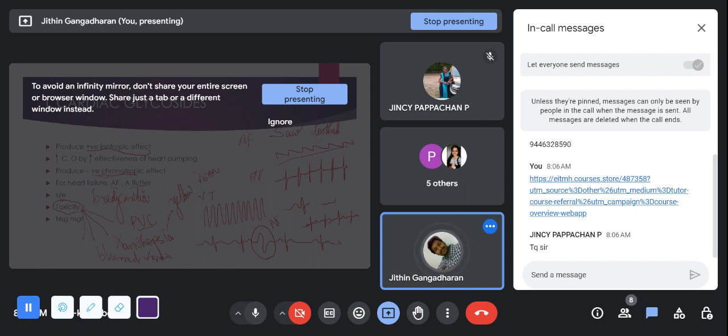It again causes neurotoxicity. It may also cause hypokalemia.